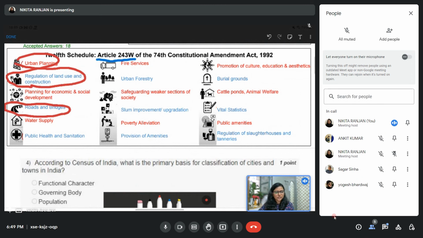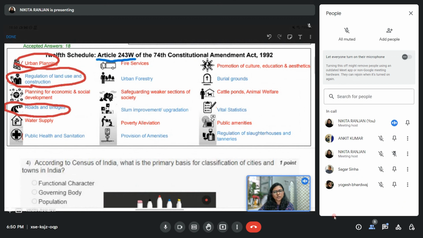But again, there are provisions which the local governance bodies have, with the help of other organizations, to take care of these functions. So this is one. There might be several other drawbacks.